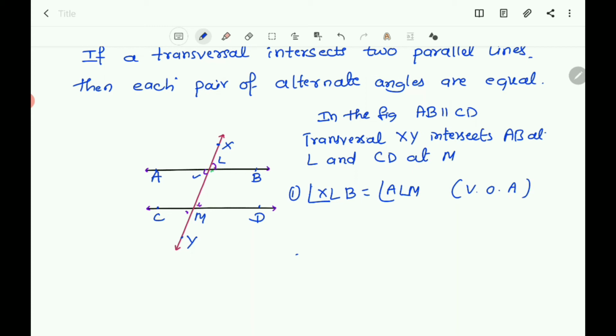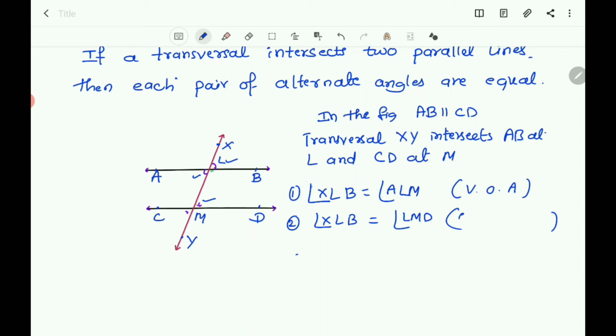And also you know that angle XLB is equal to angle LMD. Reason? They are the corresponding angles. You know that corresponding angles made by the transversal of parallel lines are equal. That is the corresponding angle axiom.